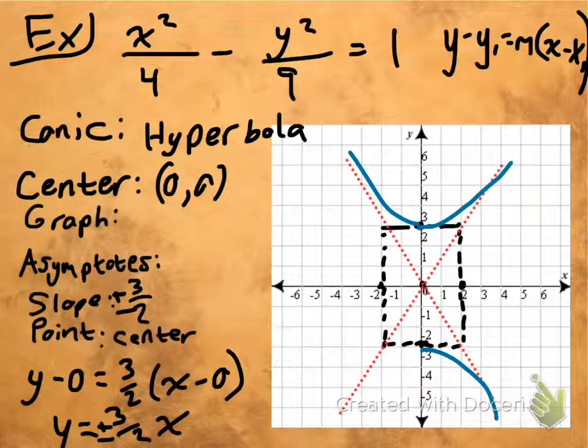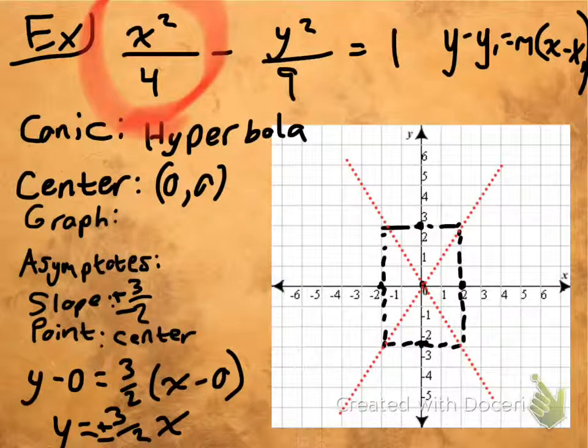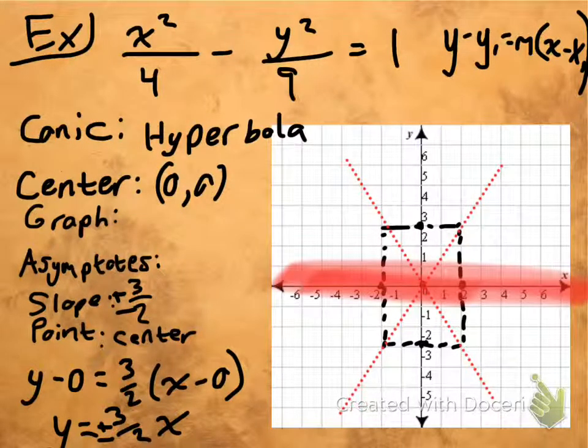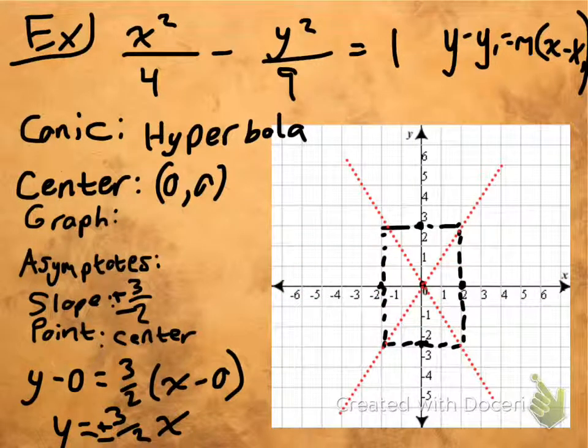But how do we know which one of those it is? Well, it all depends on whichever term here is positive. Since the x term is positive, that means it's going along the x-axis, which means it's a horizontal hyperbola. So my vertices end up being on the minor axis here of that box.